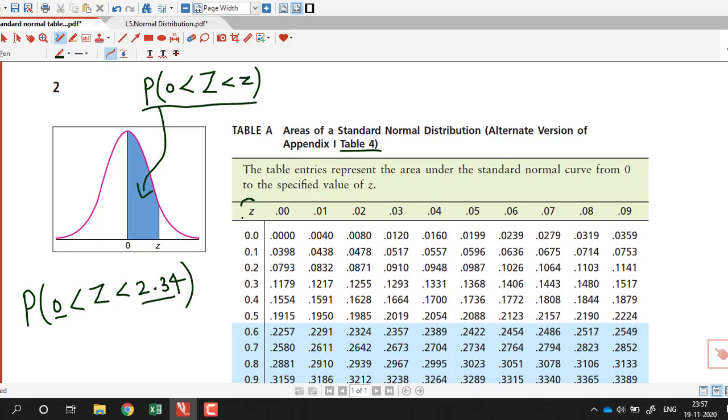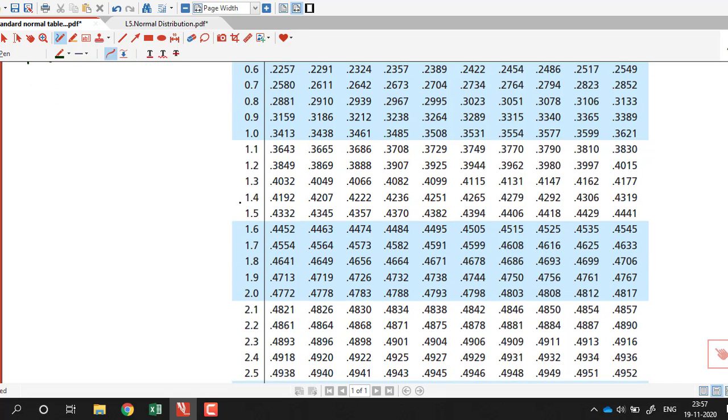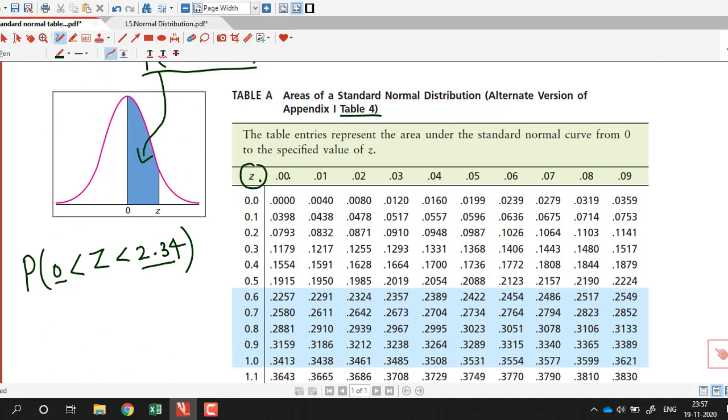So I will look for 2.3 below this z column. We can see here we have 2.3, but we have to go up to 2.34. As we have discussed, 2.34 can be written as 2.3 plus 0.04. You can see here we have these values 0.00, 0.01, 0.02, 0.03 and 0.04.